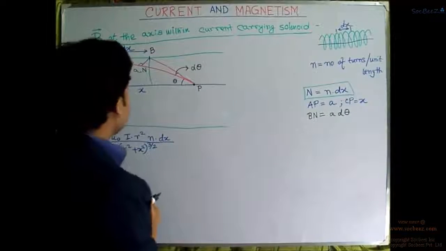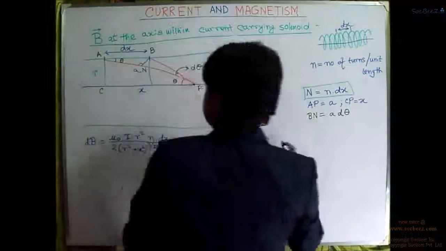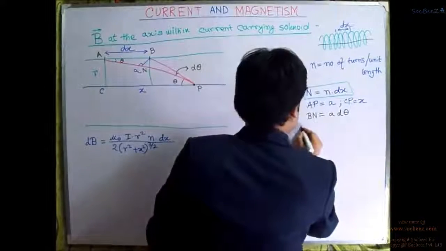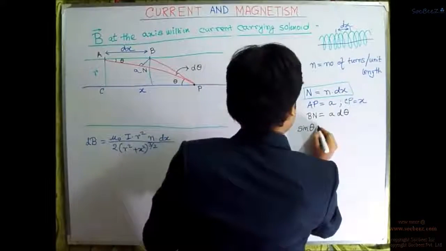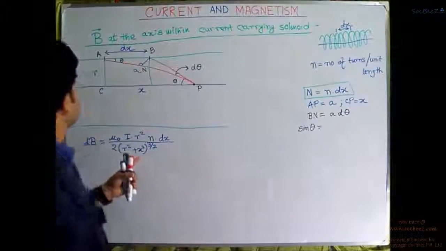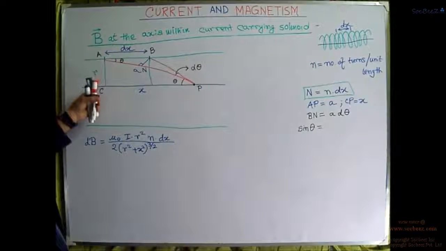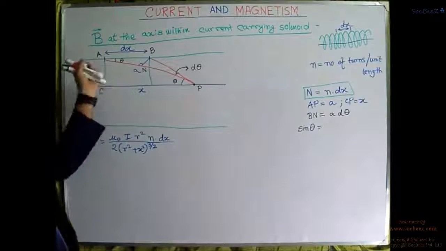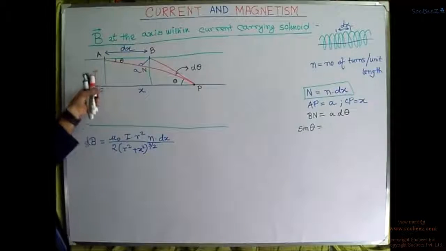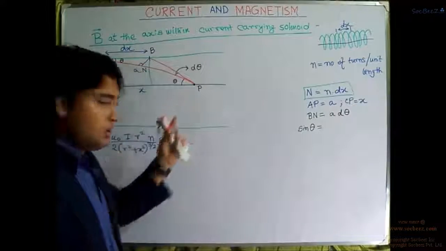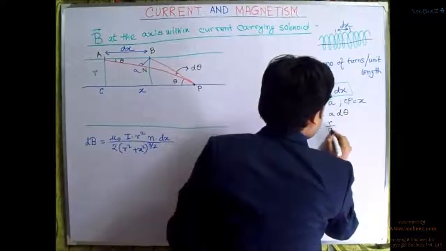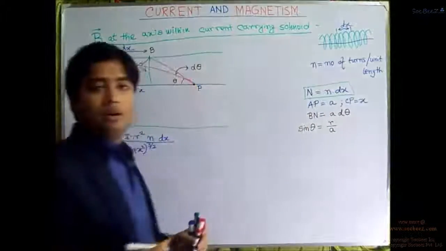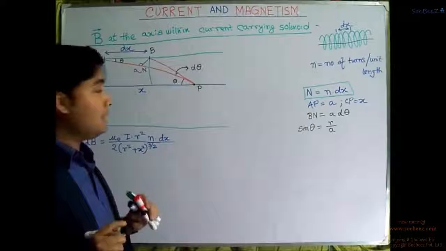So we can say that sine theta is equal to r divided by a. First of all, we can write this.